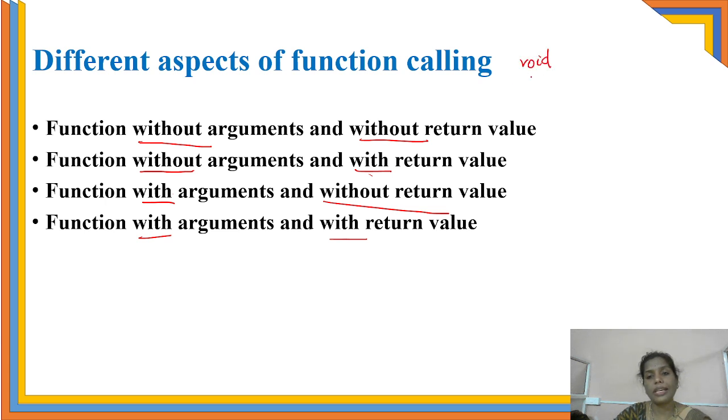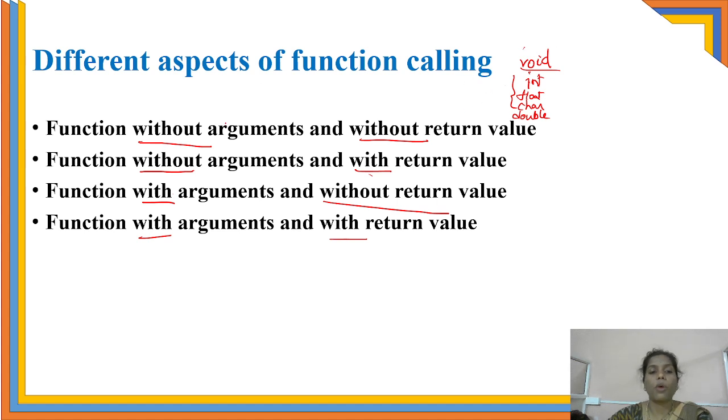Remember, with return type means what is the return type of that function. The function will write some answer, right? The type of that answer is the return type. It can be int, float, char, double, anything, any primitive data type. Void is the without return type.